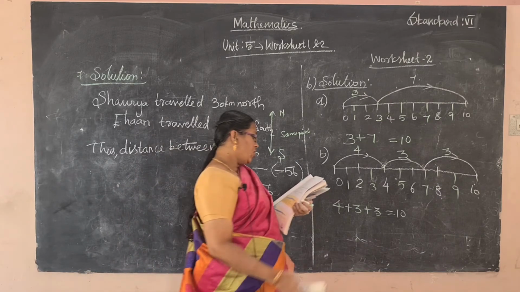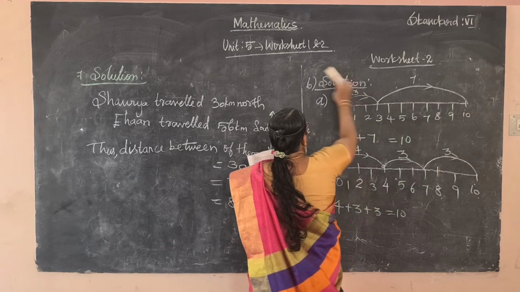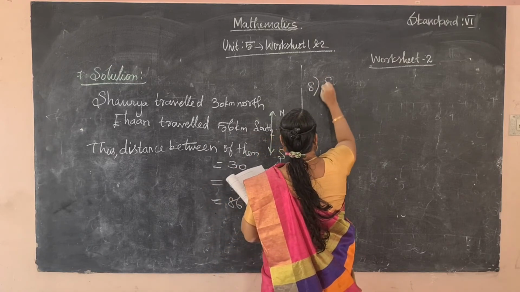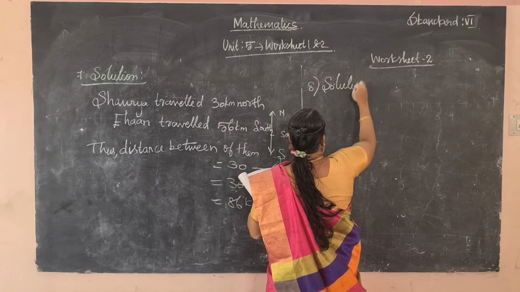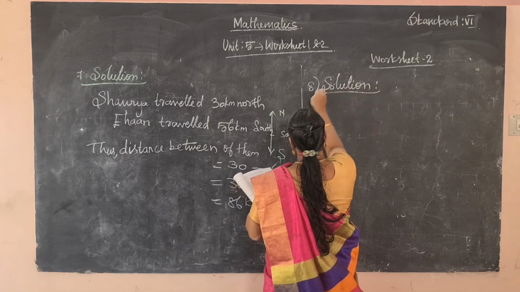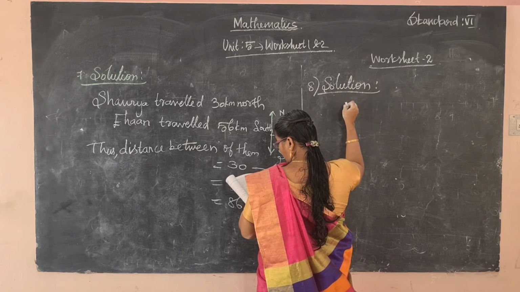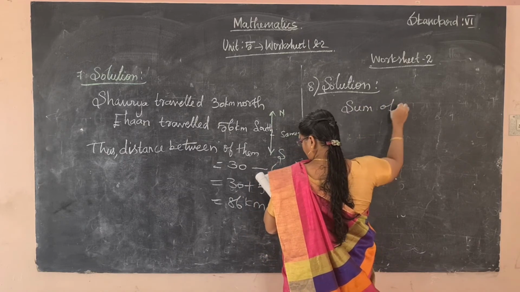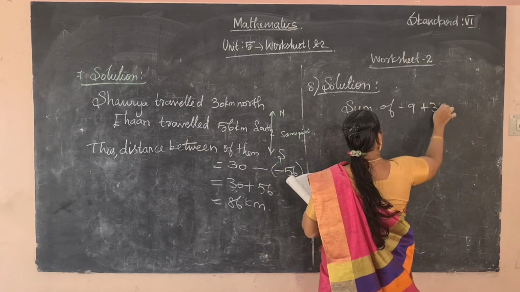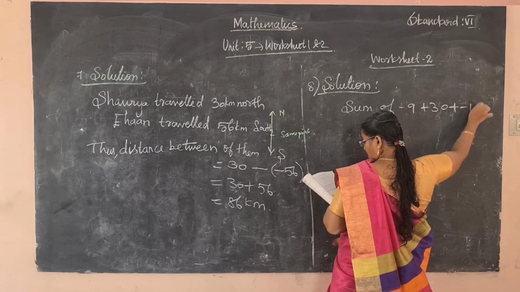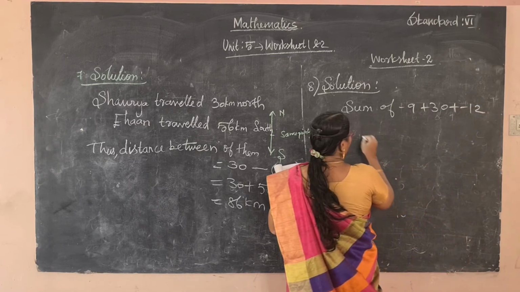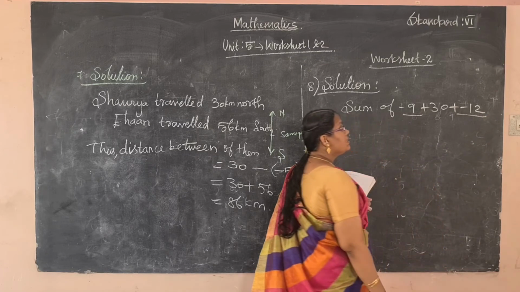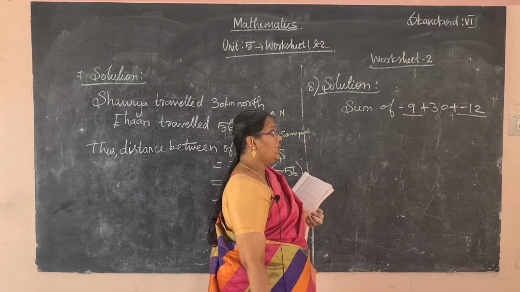from the sum of the values. First we have to find out the sum of minus 9 plus 30 plus minus 12. So what is the sum of values? Here these two have the same sign, so add and put the same sign.